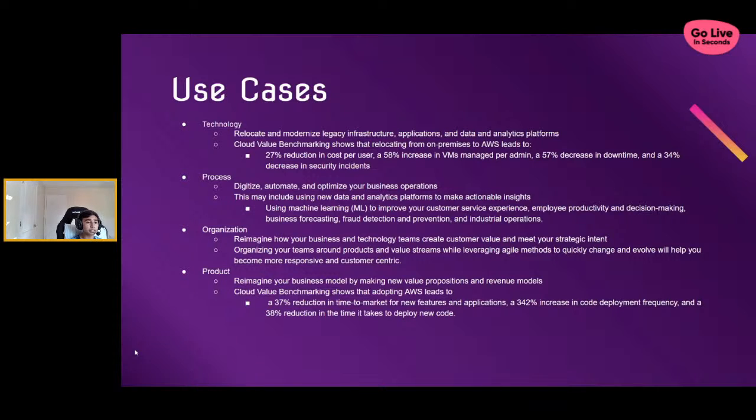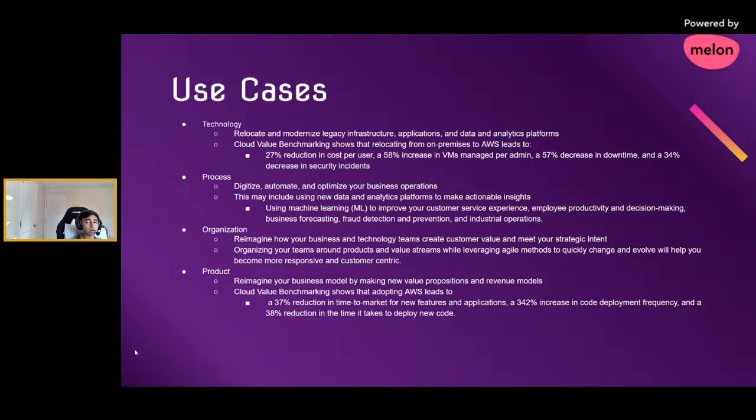So, using machine learning, also known as ML, to improve your customer service experience, employee productivity and decision making, business forecasting, fraud detection and prevention, and also industrial operations. For organization, CAF is going to reimagine how your business and technology teams create customer value and meet your specific strategic intent.